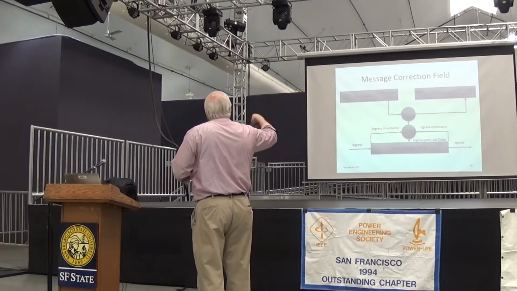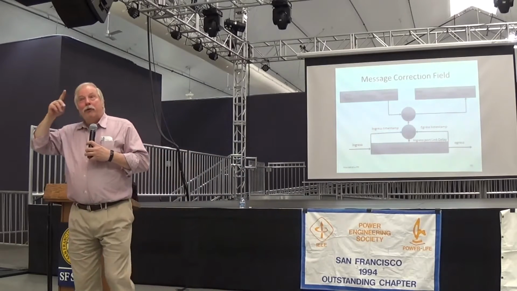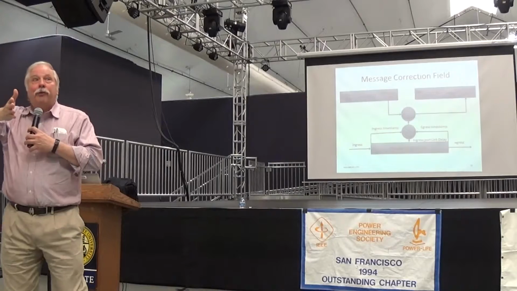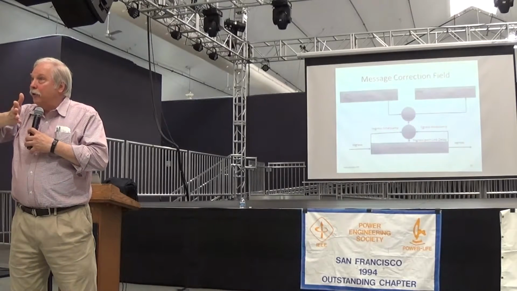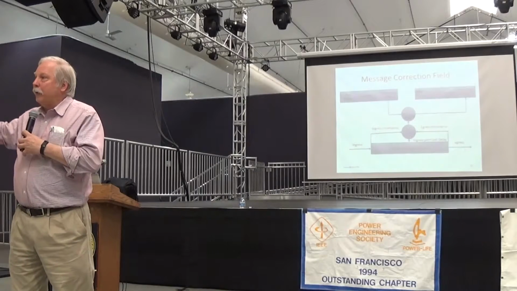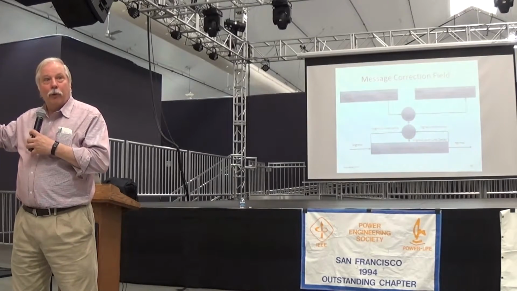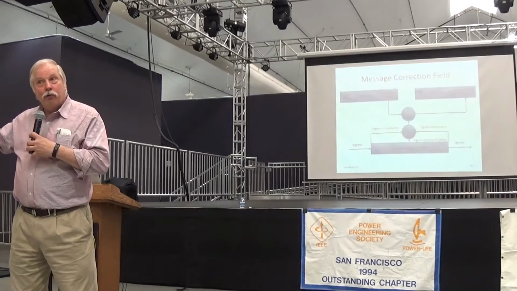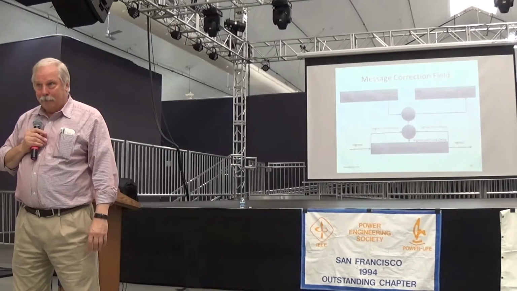What it does, in this picture you can't see, is it timestamps when the message enters the Ethernet switch, and it timestamps when the message leaves the Ethernet switch. The difference between ingress and egress time is known as the residence time.